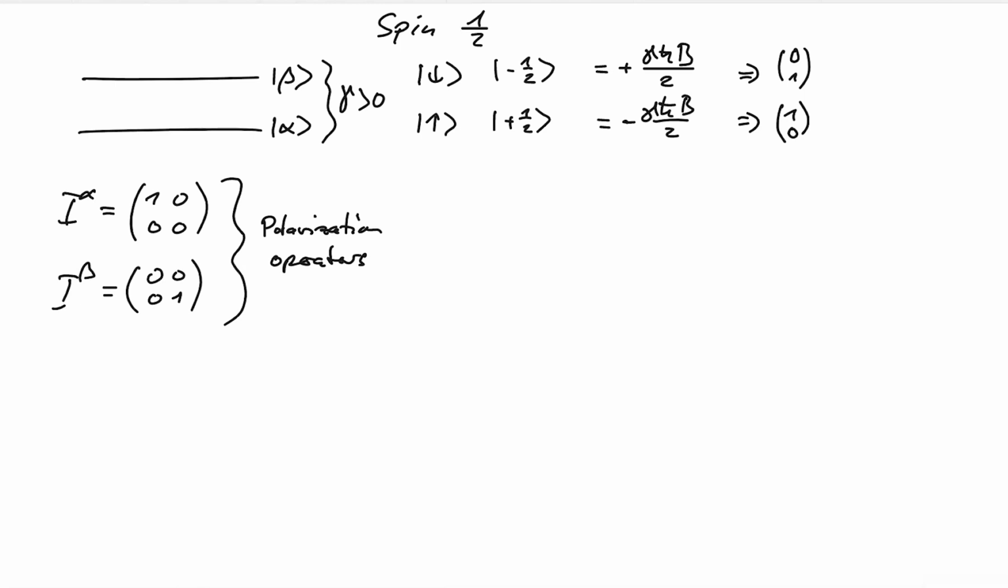And then, of course, we can also have transitions, for example, from spin state alpha to spin state beta, which is described by I minus, and from beta to alpha, which is the I plus here. And I plus is represented by a matrix 0, 1, 0, 0, and I minus correspondingly by 0, 0, 1, 0.